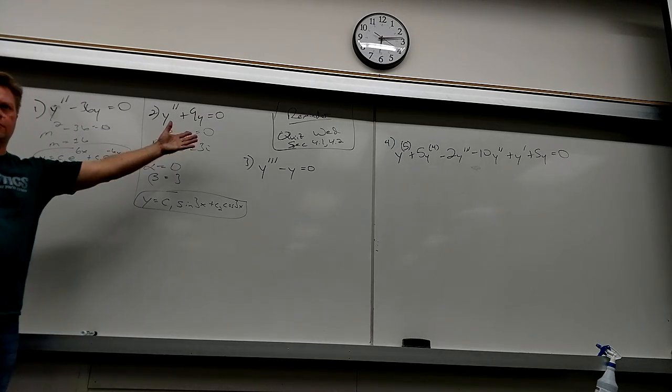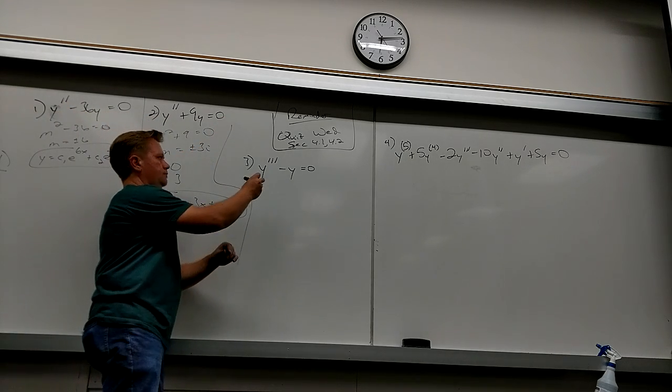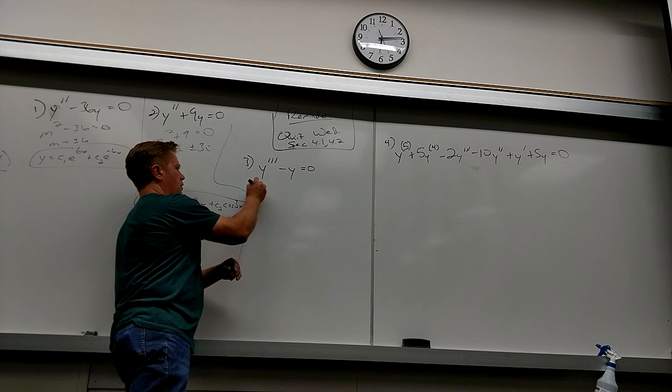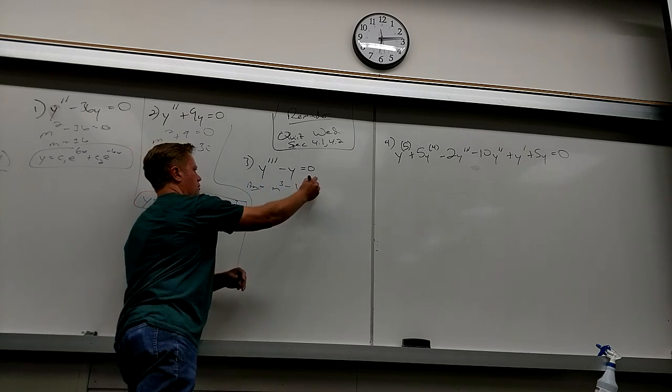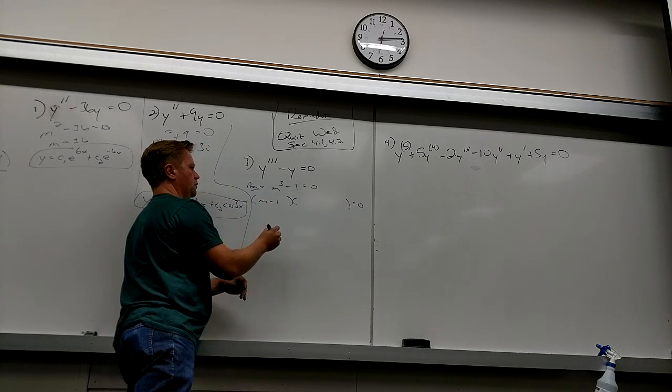What about number 3? I gave you a little hint on this guy. So its auxiliary equation would be m cubed minus 1, so this will be m minus 1 times m squared plus m plus 1.